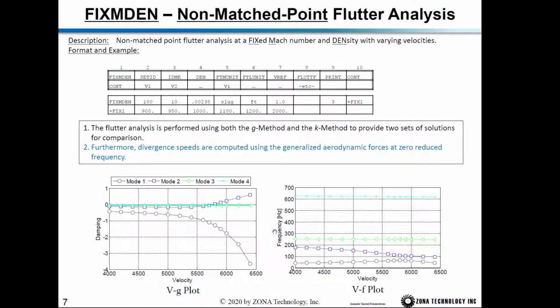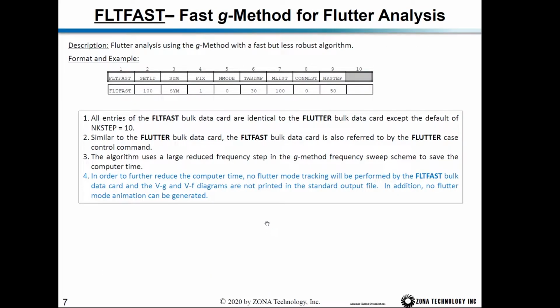And the FAST card is a fast G method for flutter analysis, because in order to further reduce the computer time, no flutter mode tracking will be performed by the fast card.